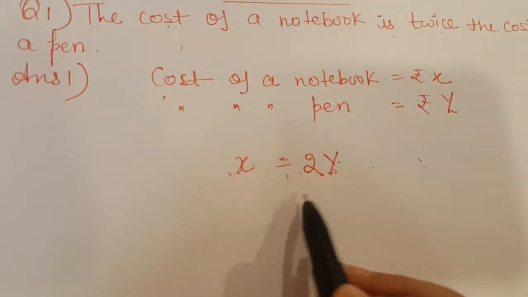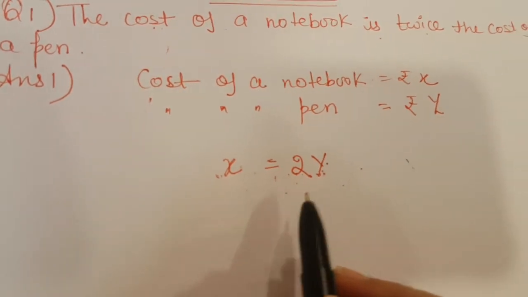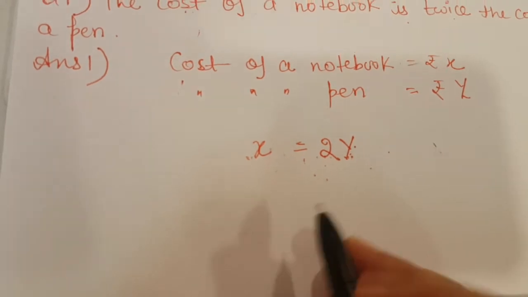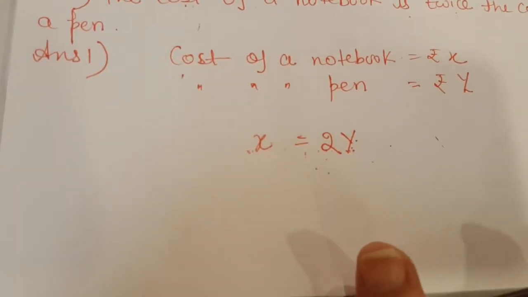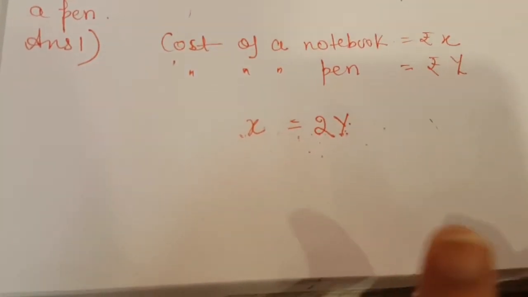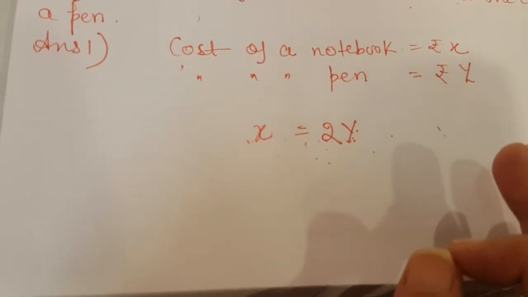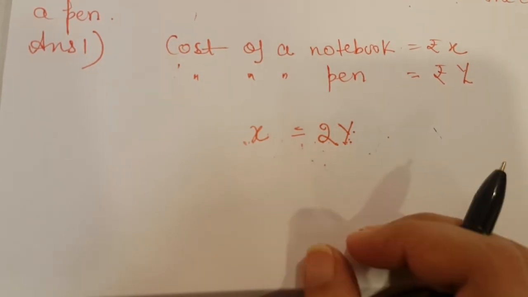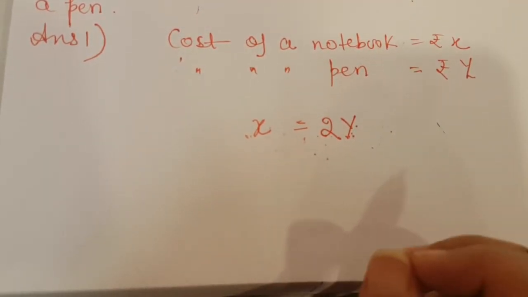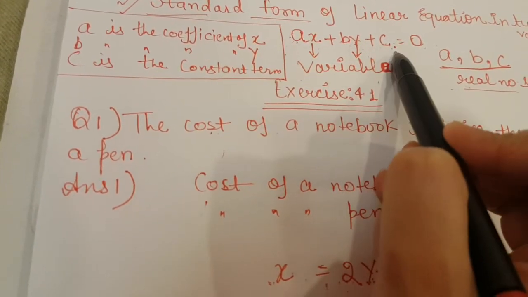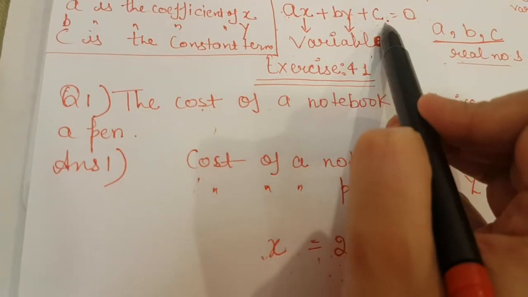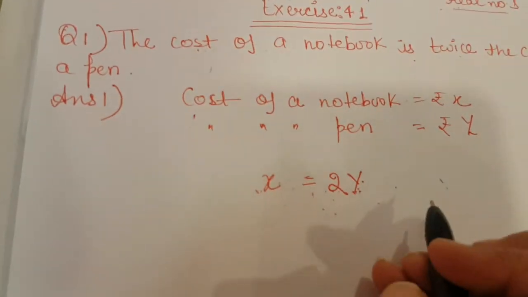Yes, this is a linear equation in two variables, but this is not the standard form. So this is also an answer, but not the correct, proper answer. Okay, we cannot say incorrect, but we can say that this is not the proper answer. Always write the linear equation in two variables in standard form. So what was the standard form? ax plus by plus c. कि तीनों टर्म कहाँ होनी चाहिए? इक्वेशन की जितनी भी टर्म्स हैं वो लेफ्ट हैंड साइड में होनी चाहिए और राइट हैंड साइड में 0.